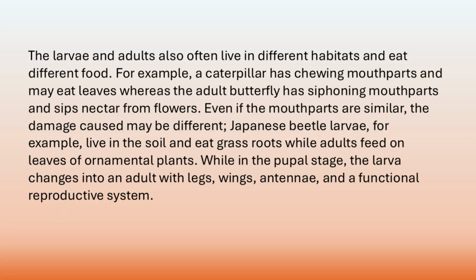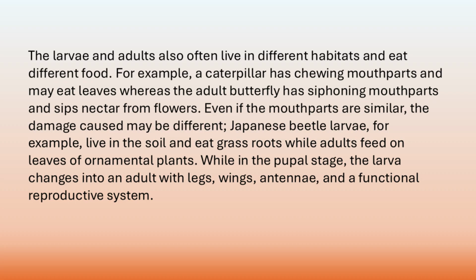The larvae and adults also often live in different habitats and eat different food. For example, a caterpillar has chewing mouth parts and may eat leaves, whereas the adult butterfly has siphoning mouth parts and sips nectar from flowers. Even if the mouth parts are similar, the damage caused may be different.